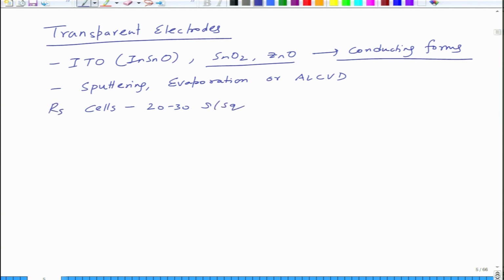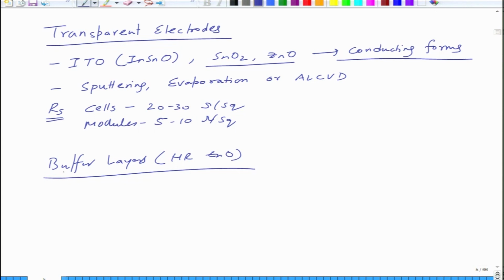So, RS of electrodes, whereas in modules we already have parasitic losses. So, resistance is lower, which is 5 to 10 ohms per square. The buffer layers are generally, on top we use buffer layers of high resistivity ZnO.